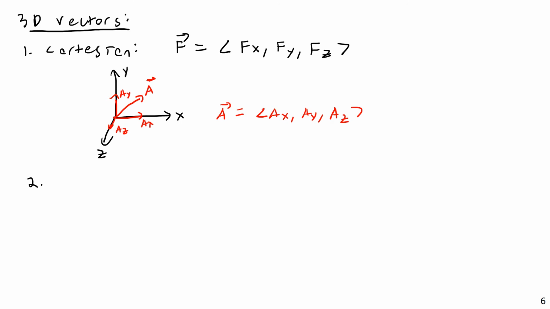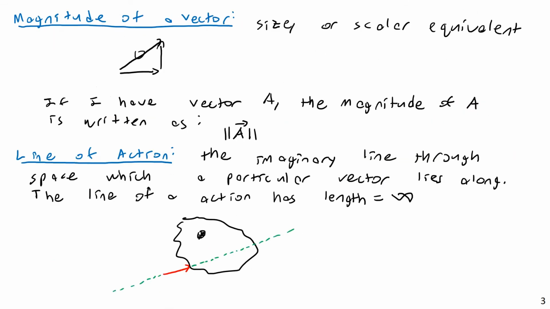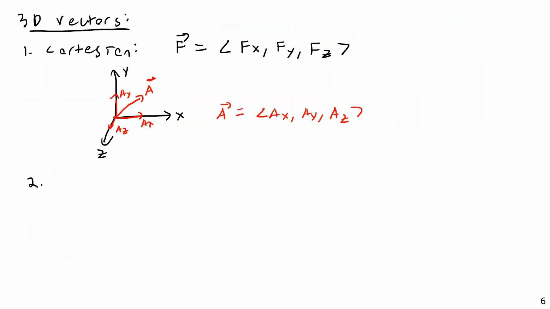But transforming the polar form into a 3D form is slightly more complex. The reason for that is that if you think about 3D space, you cannot represent a 3D vector via a single angle. It's simply impossible. You can't measure one angle off of a single axis or a single point and describe a vector in space with just a single angle.